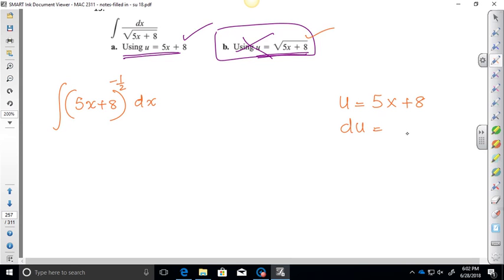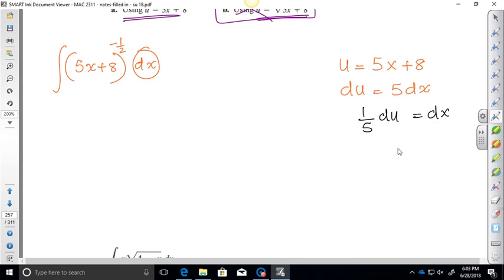Du is 5 dx. But all we have is dx, so I divide by 5. See, that's very straightforward. That's the way it should go. On the test, you won't have to use two ways. Just integrate. That's all you'll see on the test.